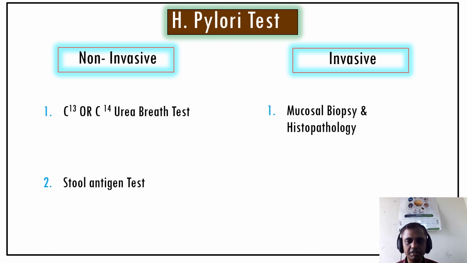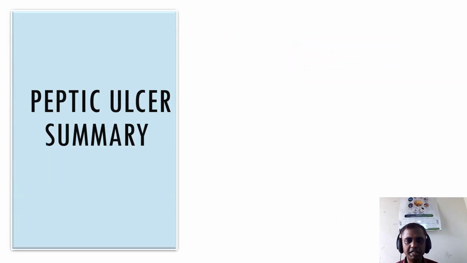Then the rapid urease test, very important: if H. pylori is present, the patient will have more urease, which you can identify through the rapid urease test kit. And third is microbial culture, which can identify the H. pylori bacteria through gram stain. So this is under the H. pylori test. So that's the end of the peptic ulcer.